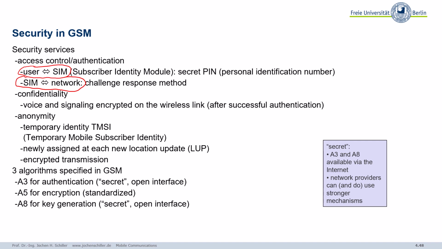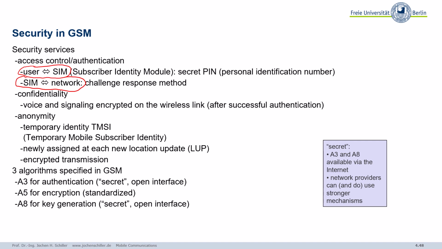And there, each provider could use whatever algorithm, because only the algorithms in the SIM and in the counterpart, which is the authentication center in the network, have to be the same. So you can easily change the algorithms A3 and A8 because they are on the SIM.